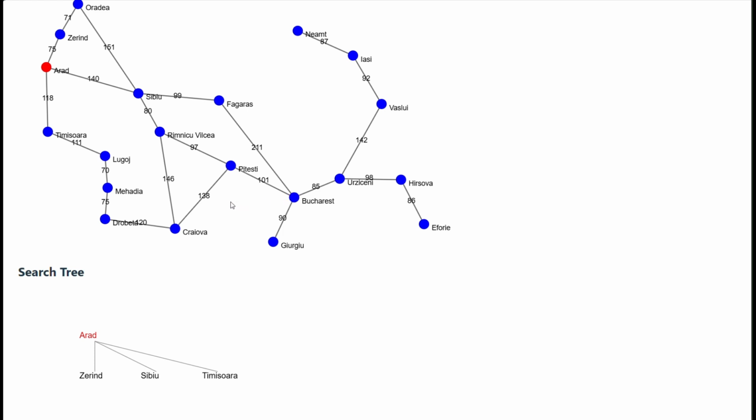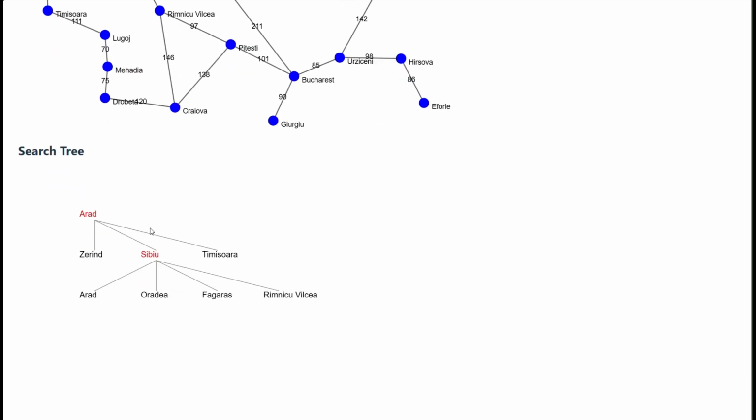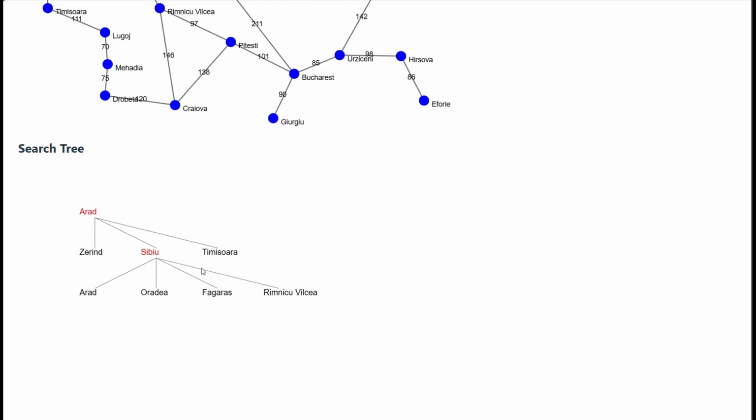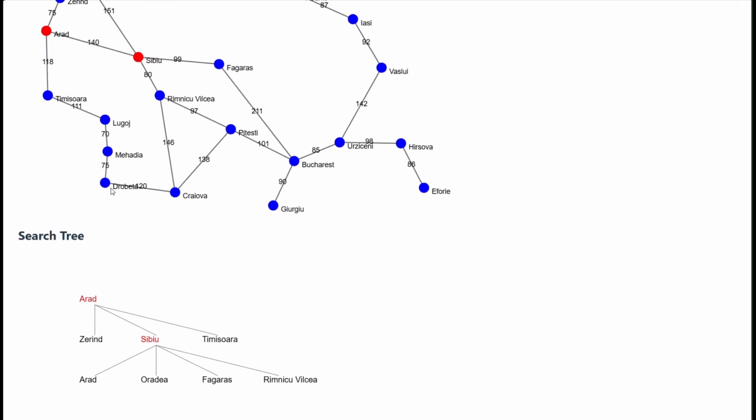Let's say we just want to expand Sibiu next, this middle node right here. And we can see that Sibiu expanded into 4 other different nodes. One thing to notice is that one of those nodes is Arad, which is its own parent city. Which does make sense, because each city is connected to its parent as much as its parent is connected to it.